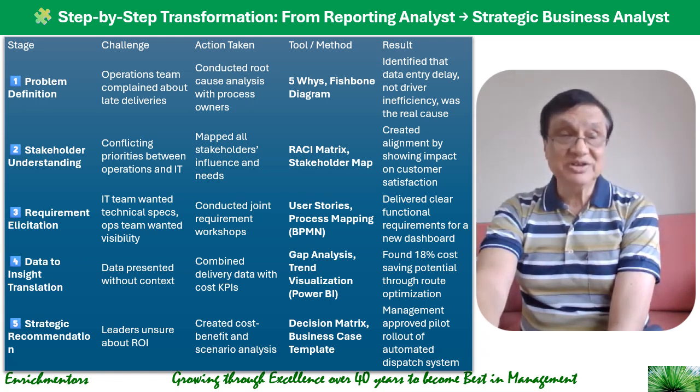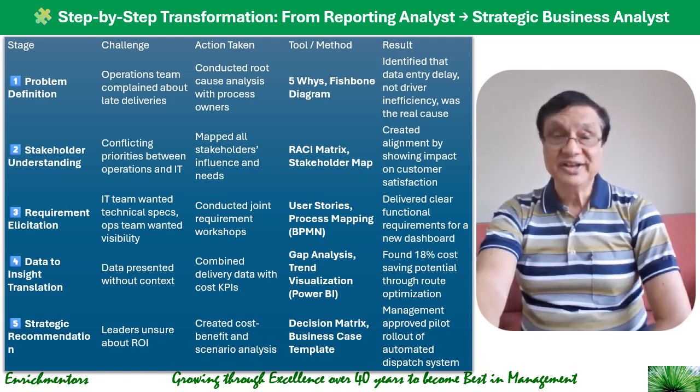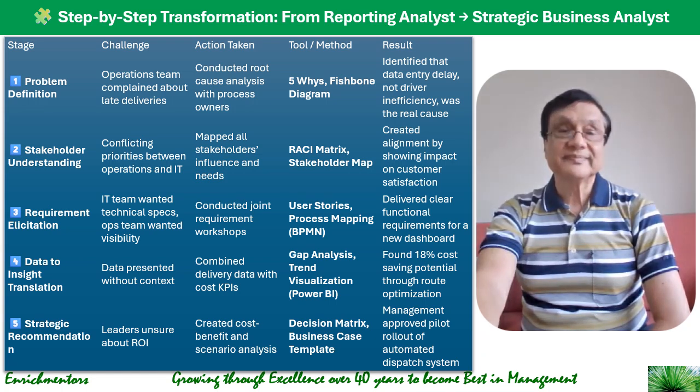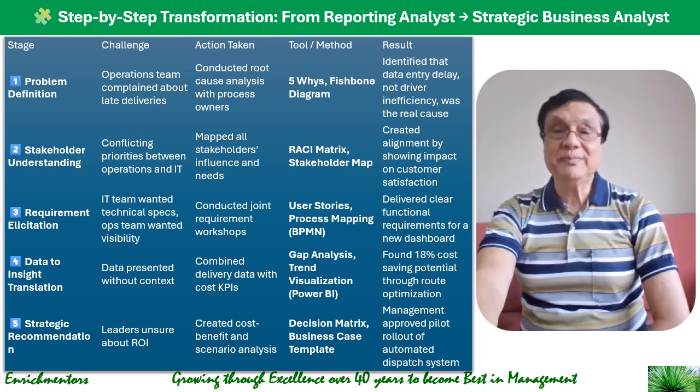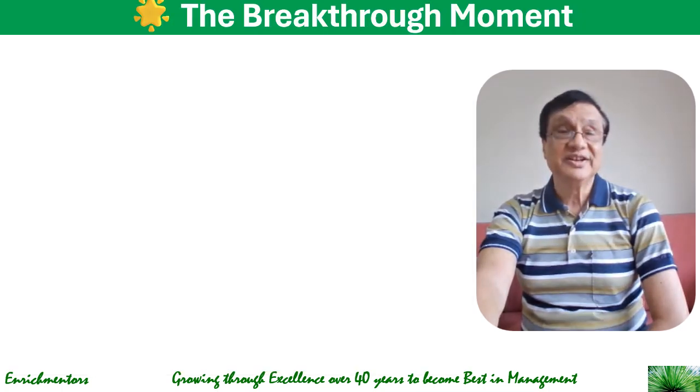The last stage was strategy recommendation, where the challenge was uncertainty about the ROI. So she created a cost benefit and scenario analysis using decision matrices and business case templates. The outcome was that management approved a pilot rollout of an automated dispatch system. So that's the story of Sarah becoming a strategic business analyst from a reporting analyst.